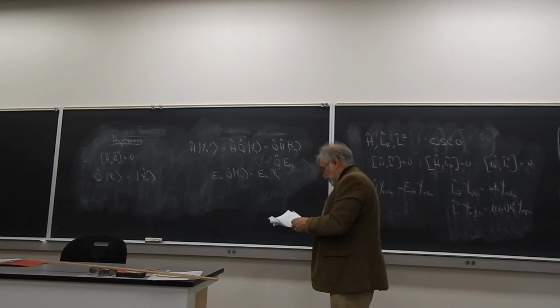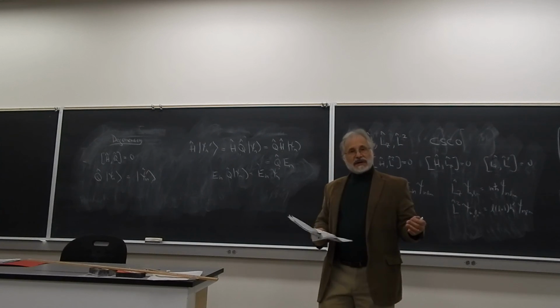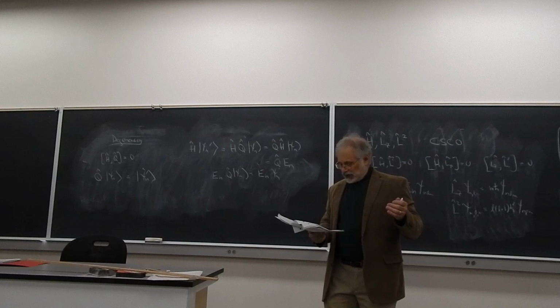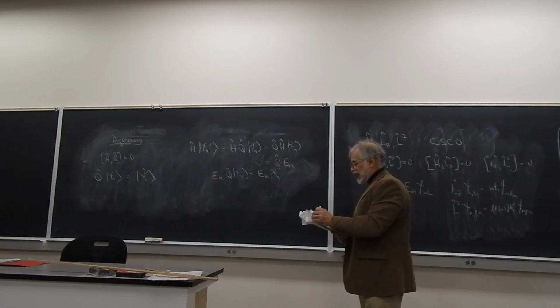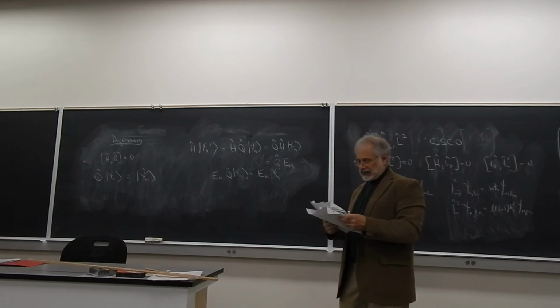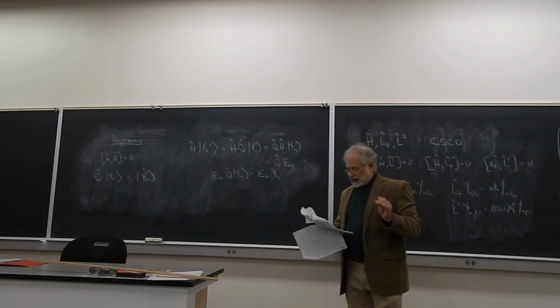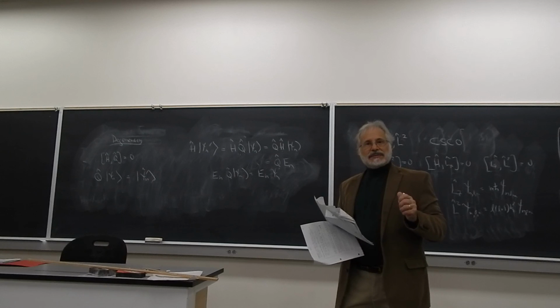So, for example, L_x, L_y, and L_z all commute with the Hamiltonian, but they don't commute with each other. Therefore, you're going to get degeneracy. You just can't help it. I'm going to do an example of this when we pick this up next time.